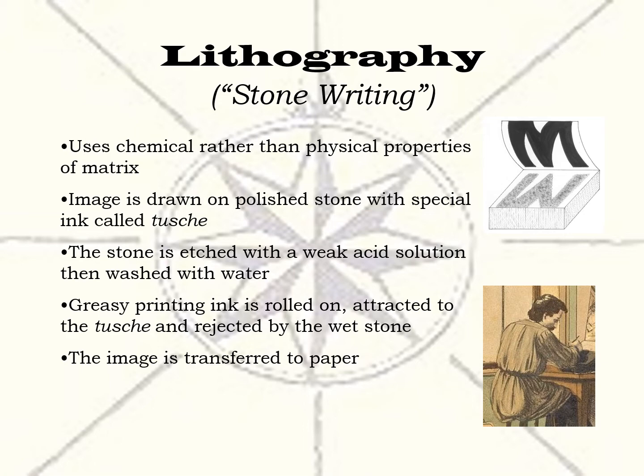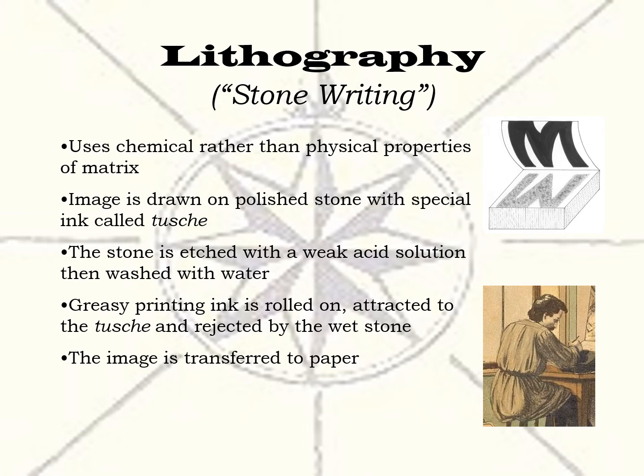With lithography, the image was drawn onto a polished stone with a special ink called touche. This ink is waxy or greasy, which causes it to attract printing ink. After this, the stone is etched with a weak solution of nitric acid to accentuate the contrast between the inked and the non-inked parts of the stone surface.